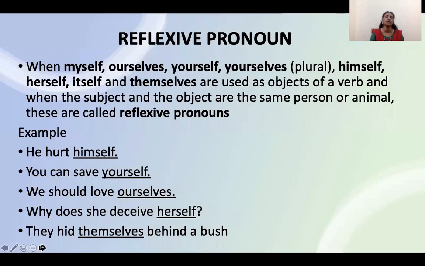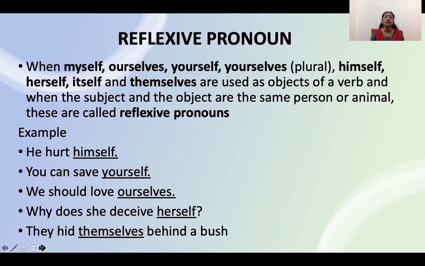Now we'll learn about the reflexive pronoun. When myself, ourselves, yourself, yourselves, that is plural, himself, herself, itself, and themselves are used as objects of a verb, and when the subject and the object are the same person or animal, these are called reflexive pronouns.